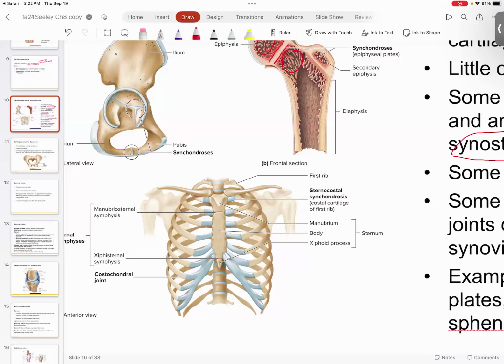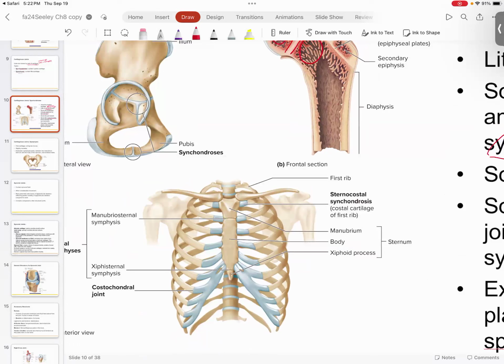When you take a look at the ribs, you'll see the ribs come in, but they don't actually connect to the sternum. The sternum is connected to the ribs by a little plug of costal cartilage. This is true for most of your true ribs. And so these are a type of synchondrosis.